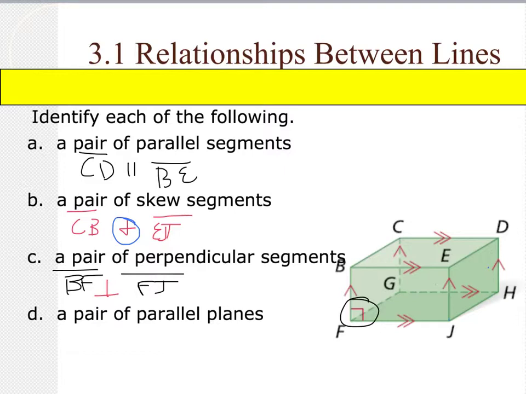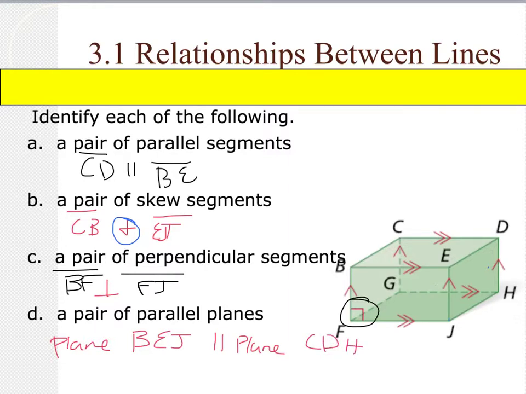Pair of parallel planes. I want to say parallel sides, but we're talking about parallel planes now. So if you look at a bunch of parallel planes, there are several answers that you could get. One being plane BEJ is parallel to plane CDH.